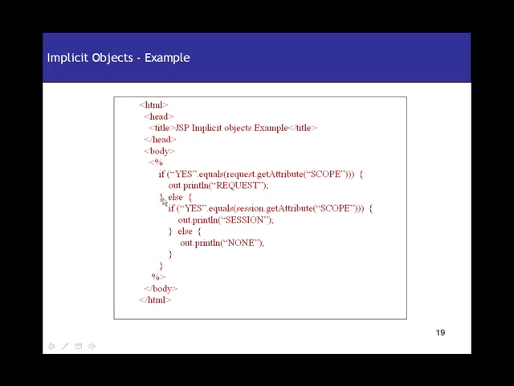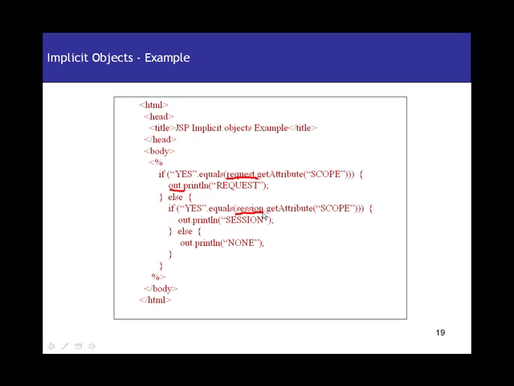And if it's equal to yes, I am printing request, or I am going to print session. So basically here, if you have a look, this request, out, and session which I am using are nothing but implicit objects.